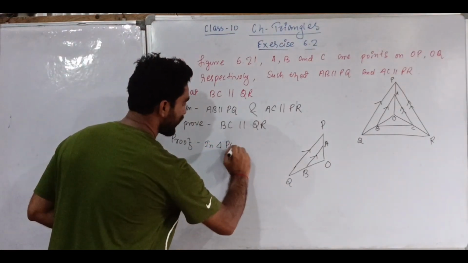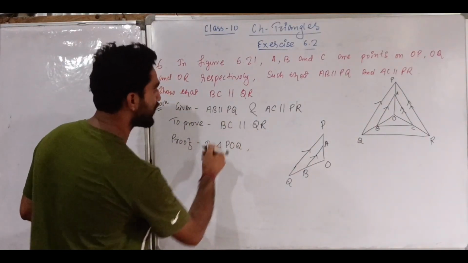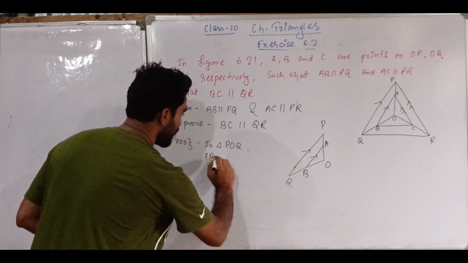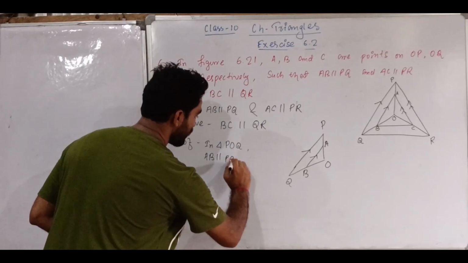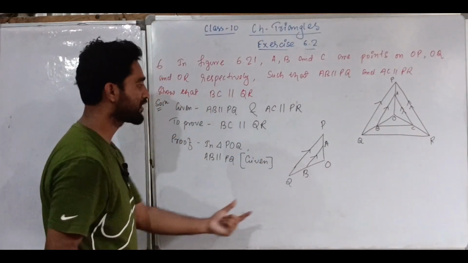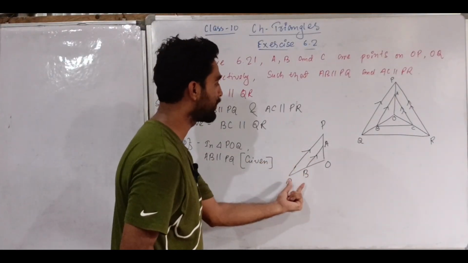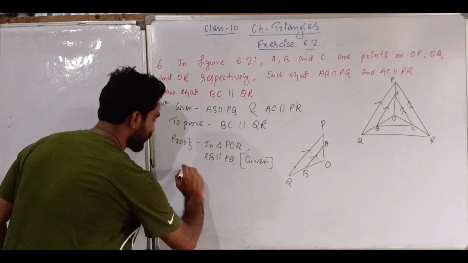So in triangle POQ, what is given in the question? AB is parallel to PQ. Again, you see one triangle is there and two parallel lines are there. So this parallel line will divide the other two sides in the same ratio.